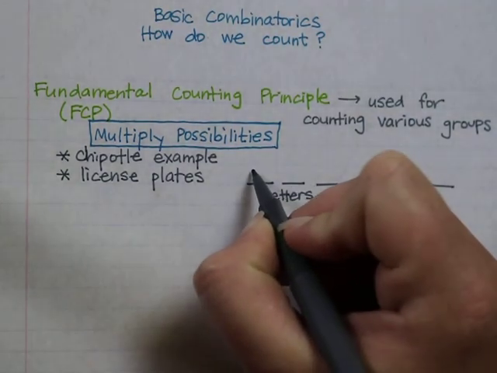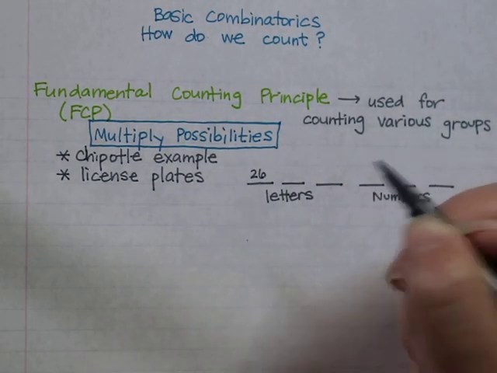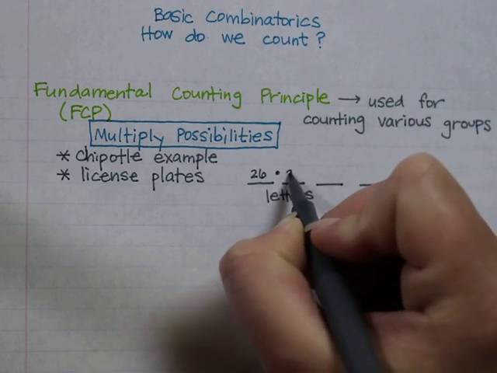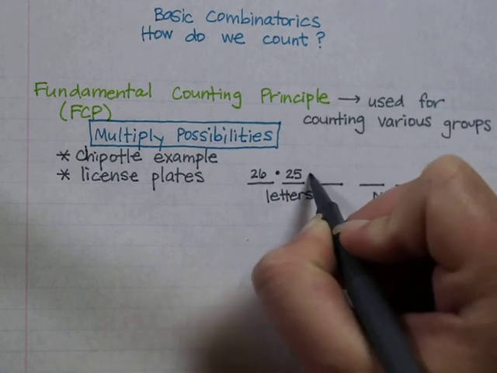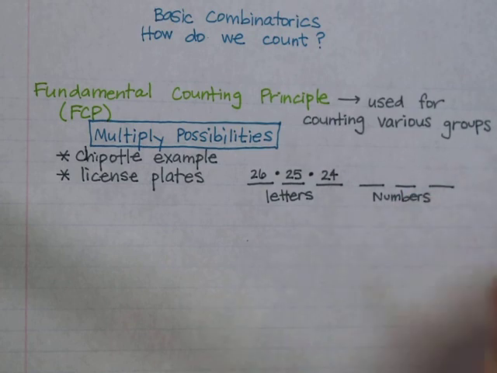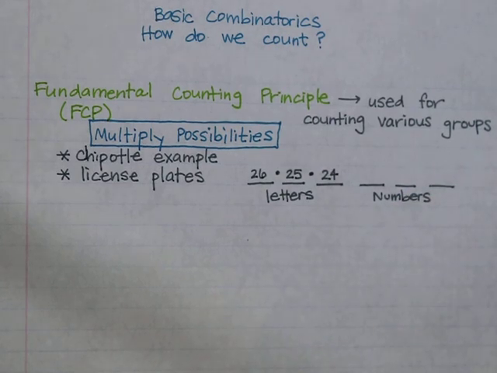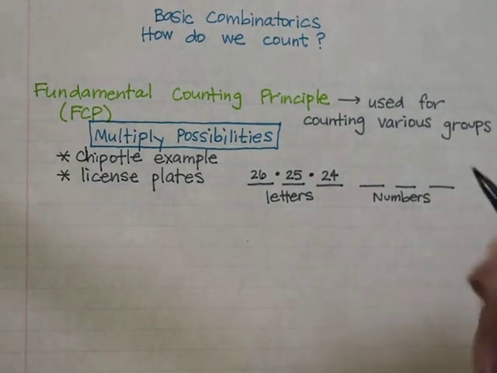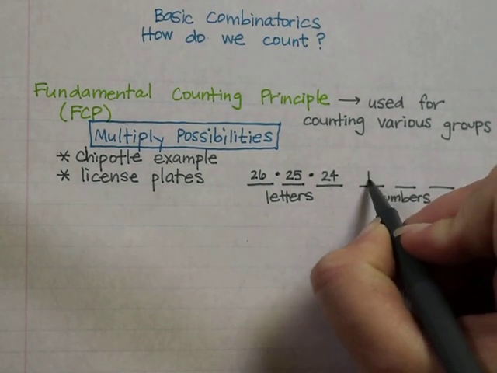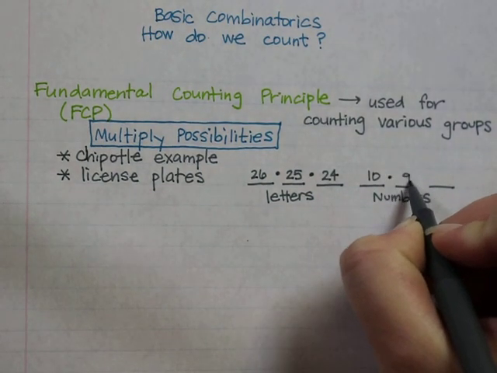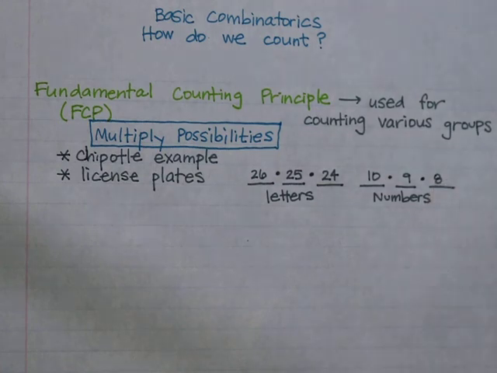So I'm going to have 26 choices for the first letter, but then since it doesn't repeat, it drops to 25, then 24. And then we could do the same thing with numbers. We could go 10, 9, 8. The reason it goes 10 is because I have 0 through 9.